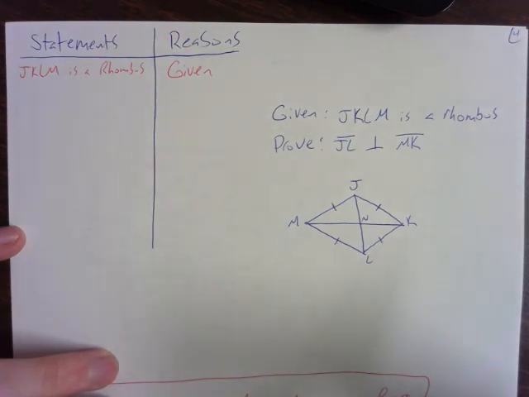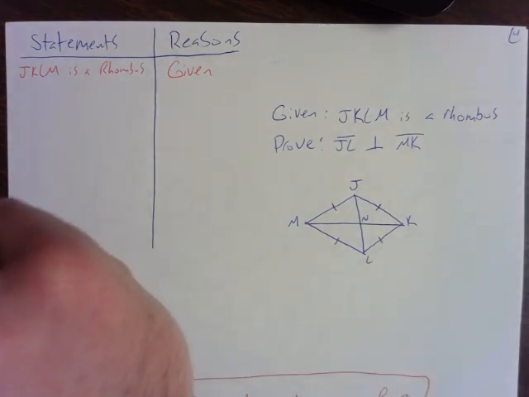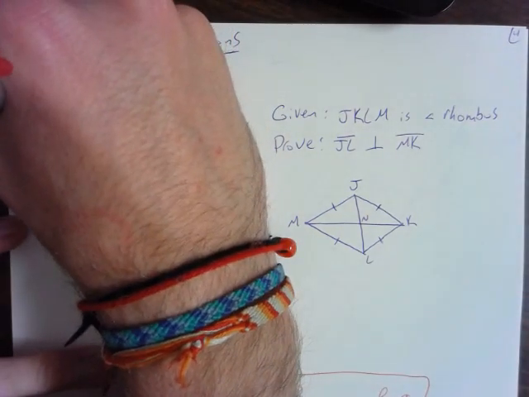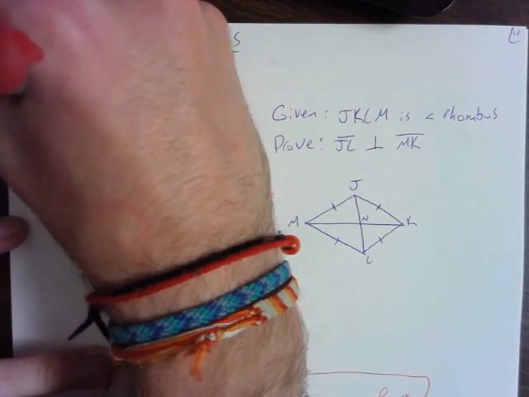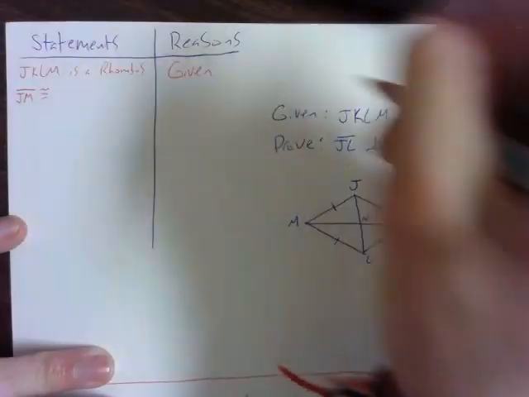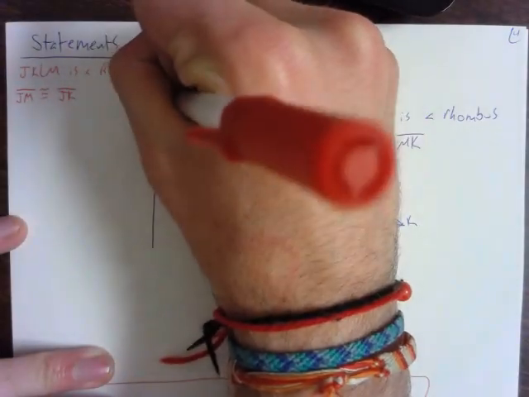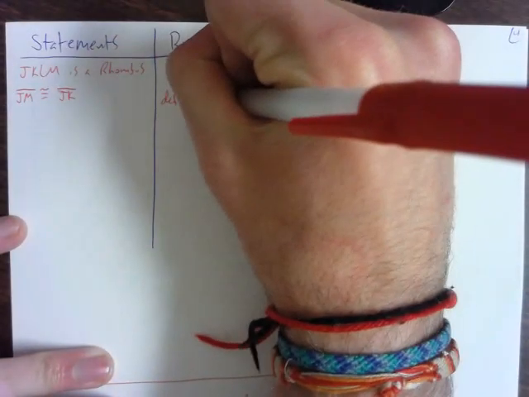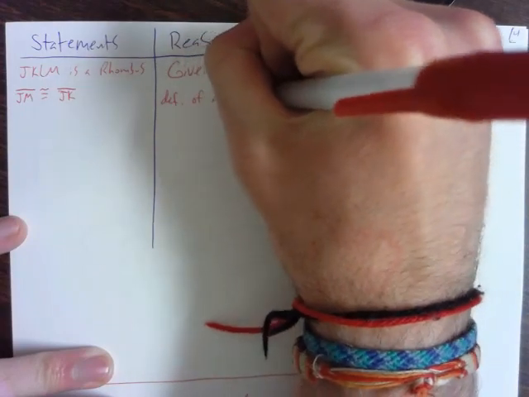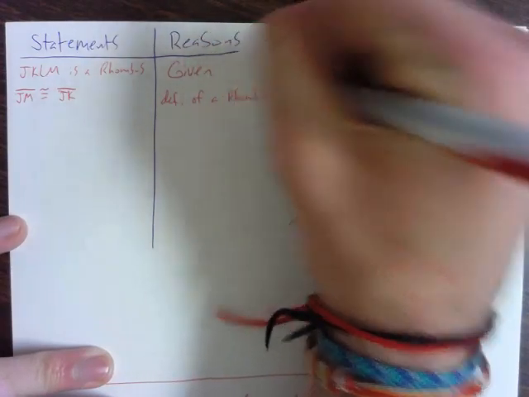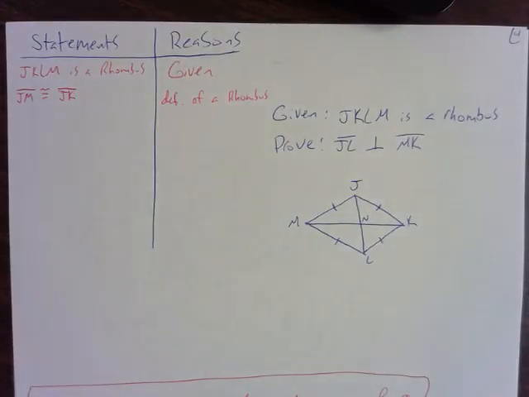And we know that because that's the definition of a rhombus. So once again, it's important to know the definitions of things and what makes them special so we can use them in our proofs.